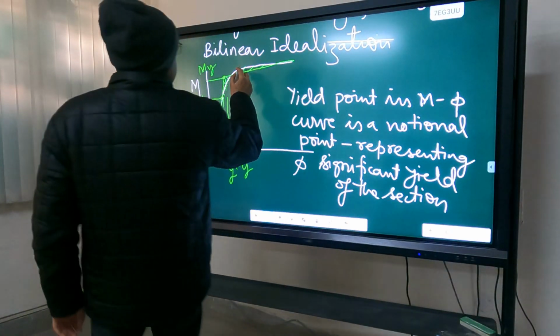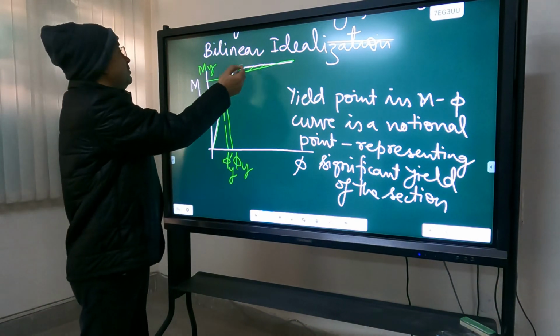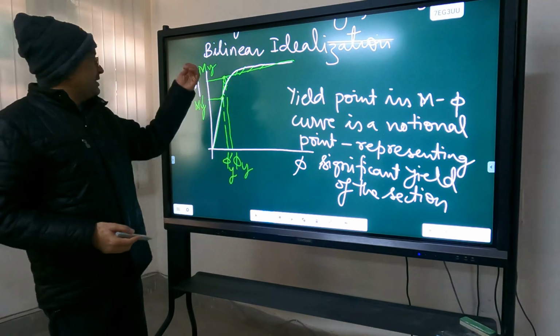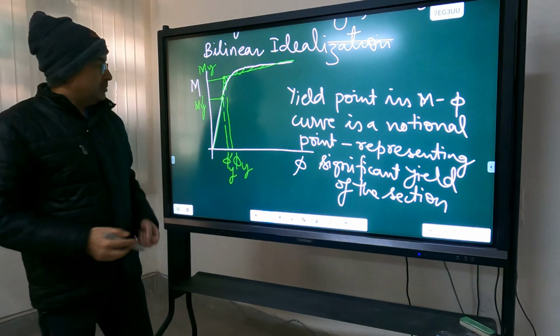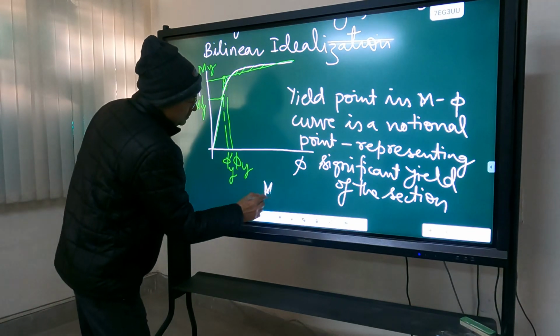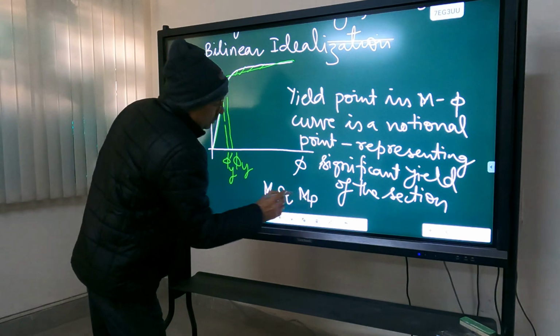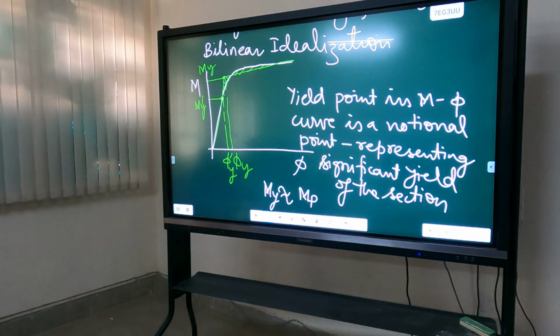If this portion is very long, then what will happen? This will be almost close to M_p. Otherwise, it will be slightly lower. So this M_y is close to M_p in case of steel, not in case of concrete. We will see later.